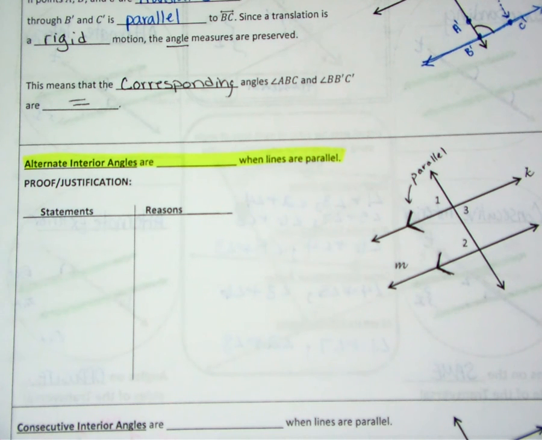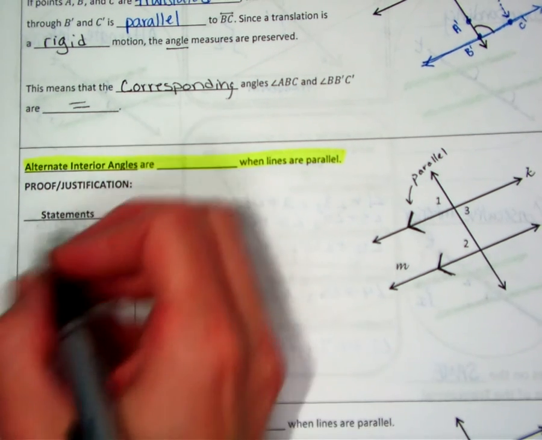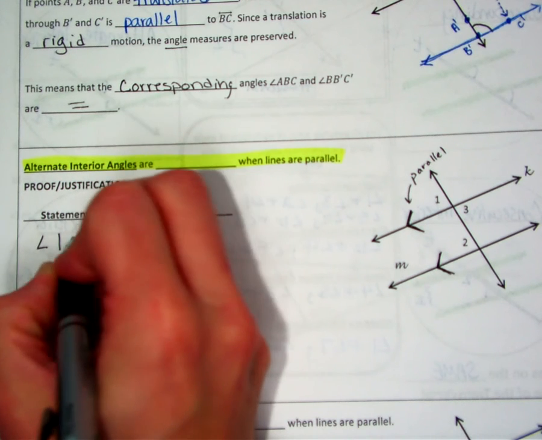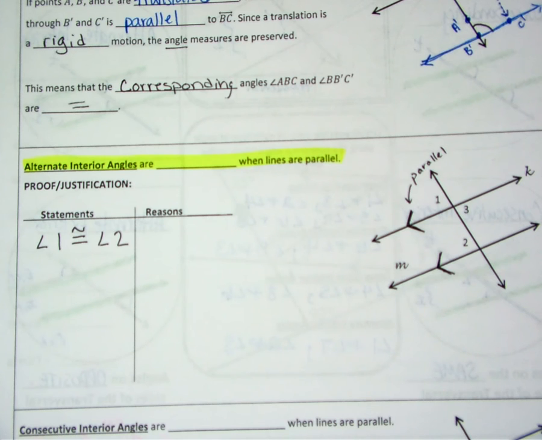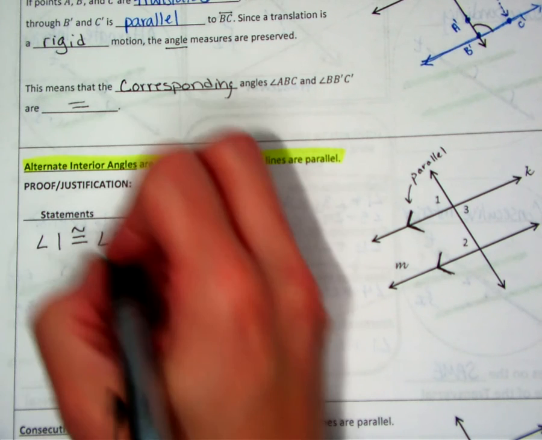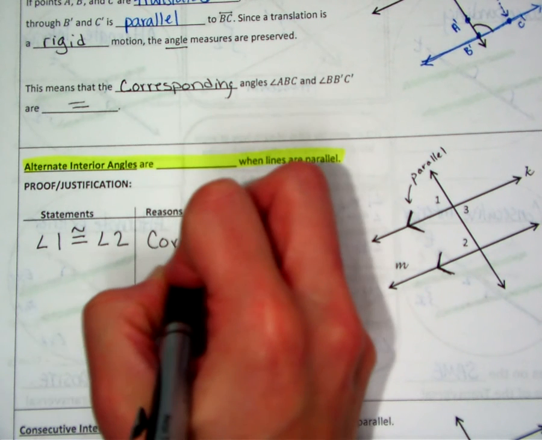Okay, so because my lines are parallel, I just said up above, any corresponding angles in the picture are equal to each other. So are there corresponding angles in the picture? Yes. My corresponding angles are angles 1 and 2. Why can I say that?